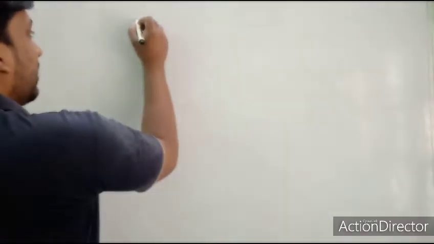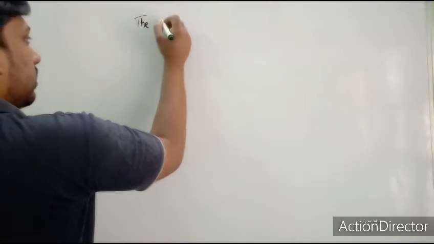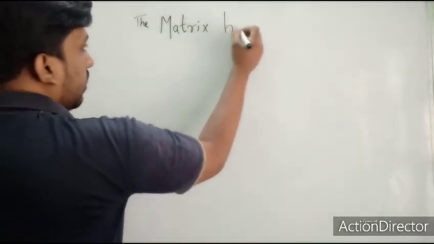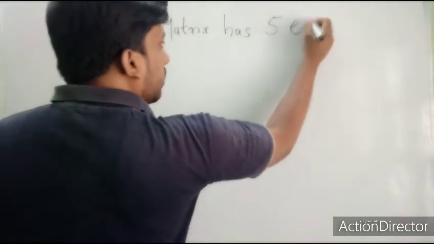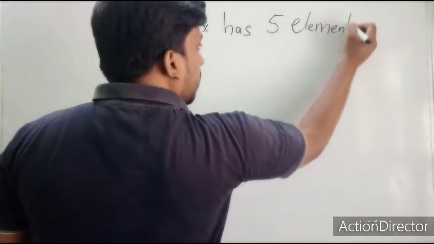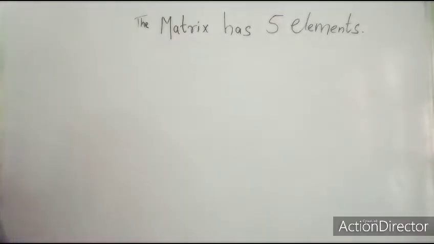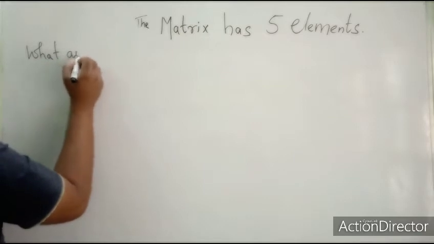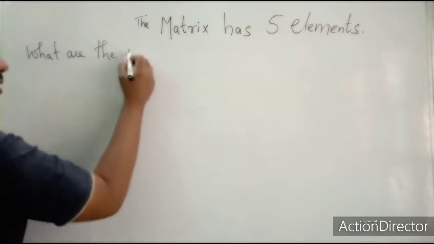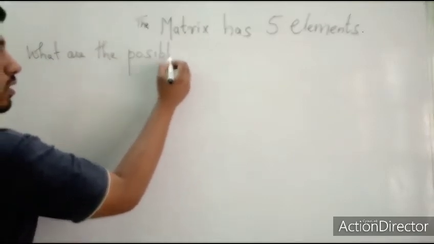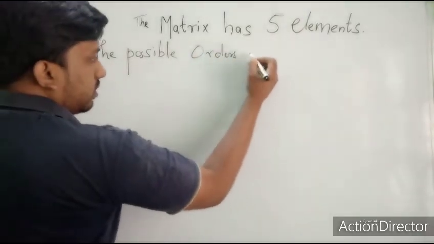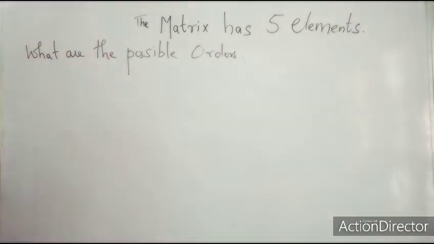So they are telling the matrix has 5 elements, and they are asking what are the possible orders for that matrix. So 5 elements, how can you arrange it?